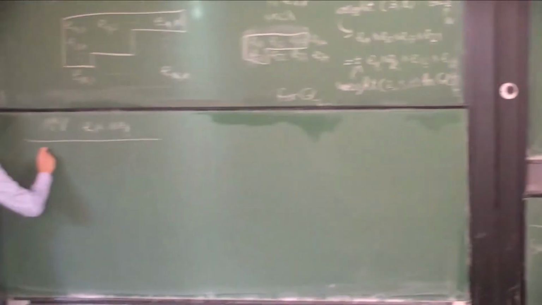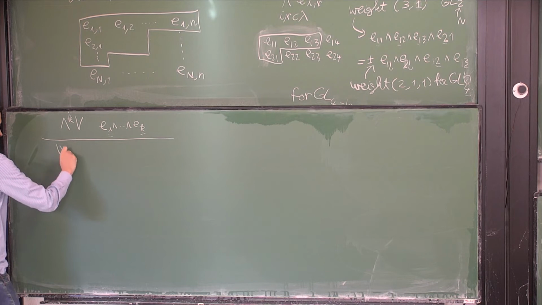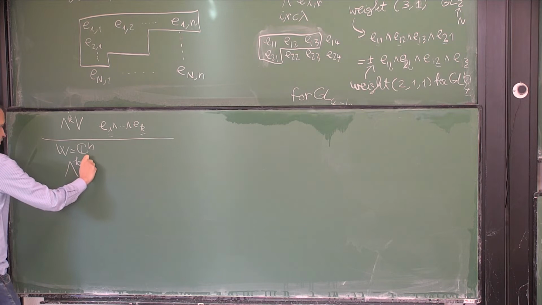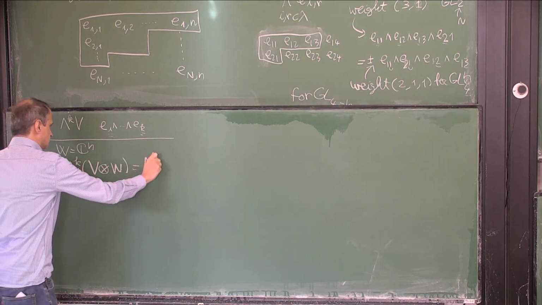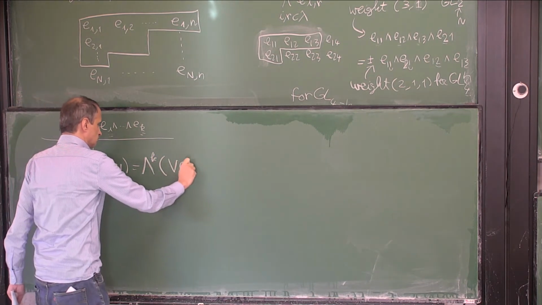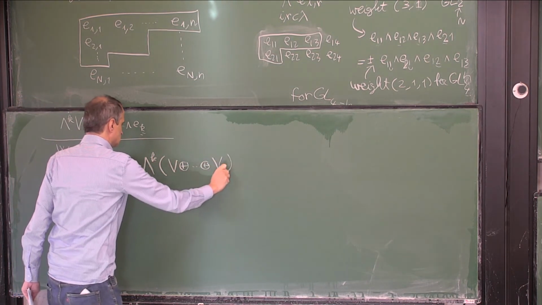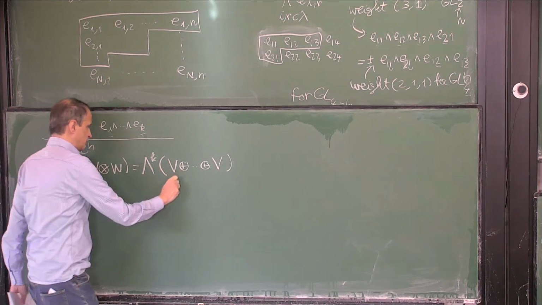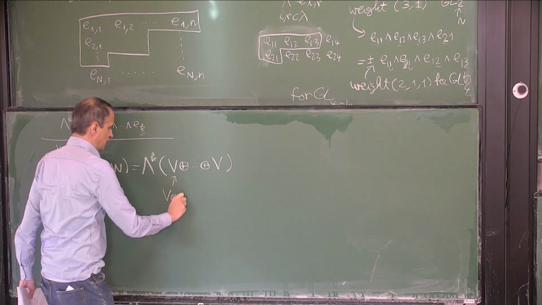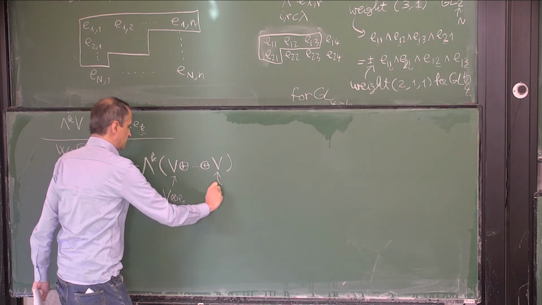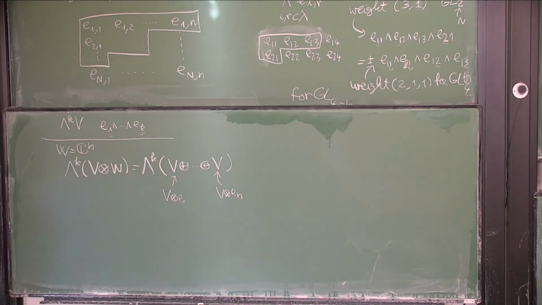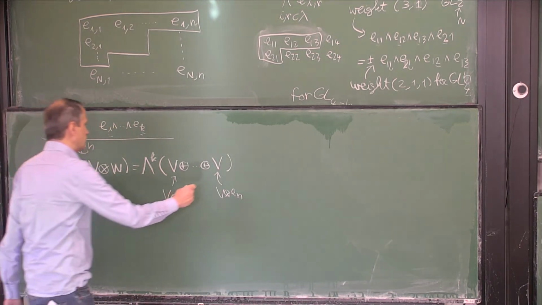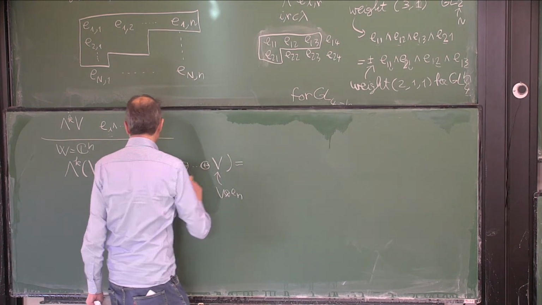The thing is that if W is equal to C^n, then you can write, more precisely, this is V times e1, and this is V times e_n. And then I use the first rule with the wedge.